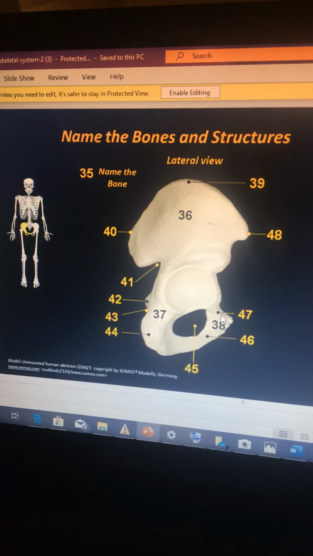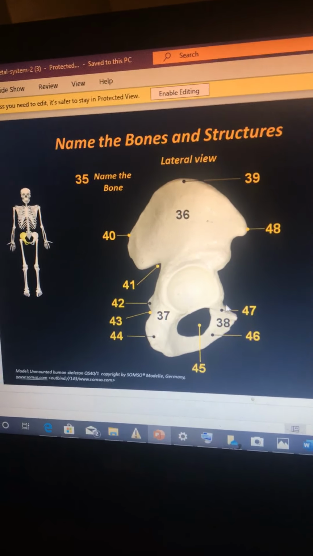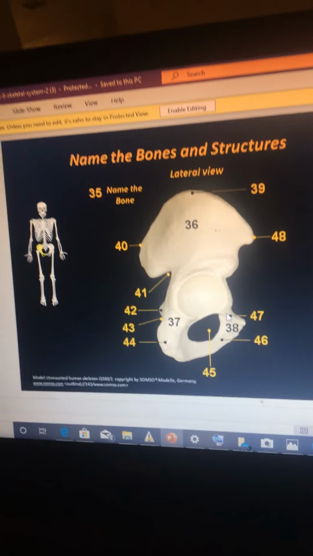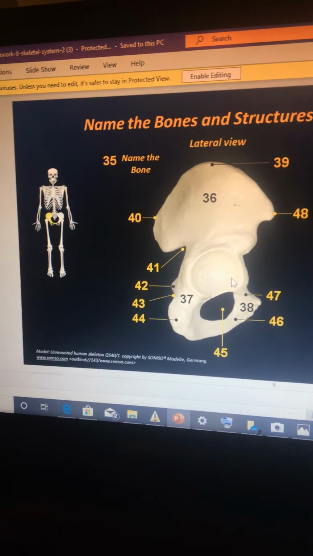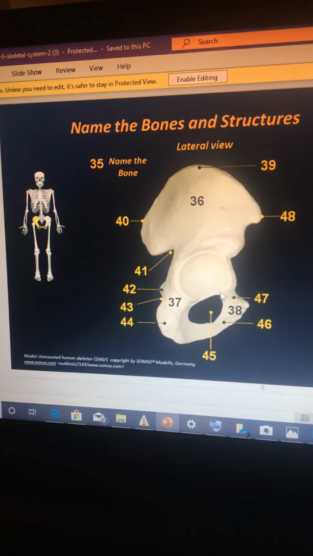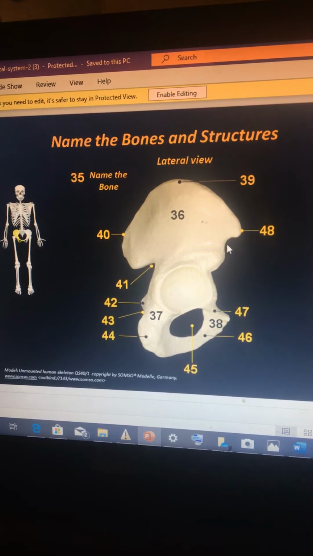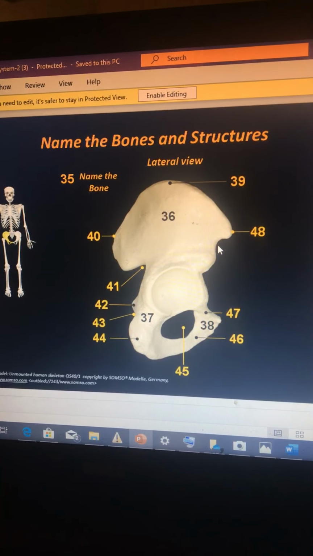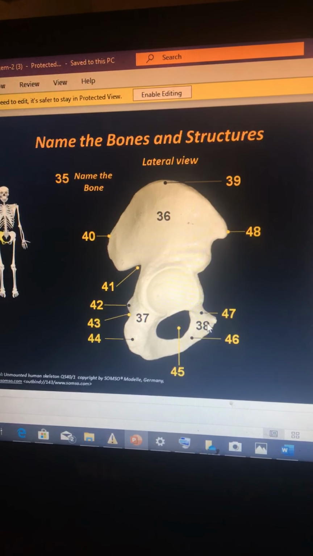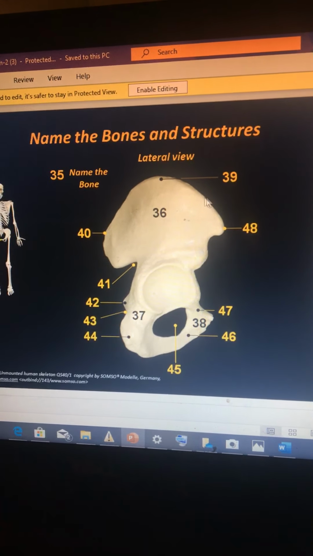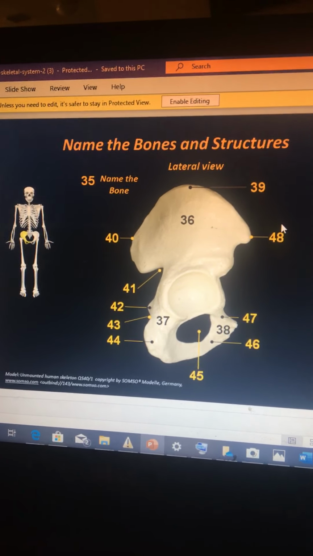You have the body of the pubis and the superior ramus of the pubis, and then also the pubis consists of the acetabulum. And this is 3 bones, but it is also 1 bone in an adult. 3 bones in a baby and 1 bone in an adult. So this is a coxal bone, but it is also 3 separate bones.